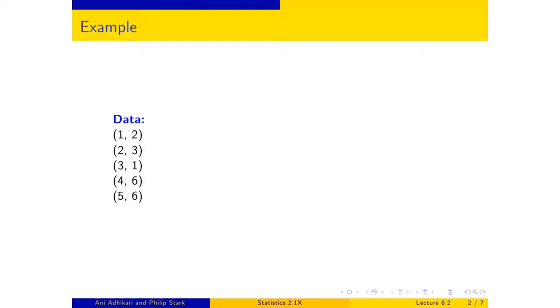So we'll start with a simple data set, as we've always done when we've done our first calculation of any measure. And so I have 5 points, and the scatter diagram looks like this. The first point is 1, 2, so that's 1, 2, that's this one. The second point is 2, 3, the third one is 3, 1, 4, 6, and 5, 6.